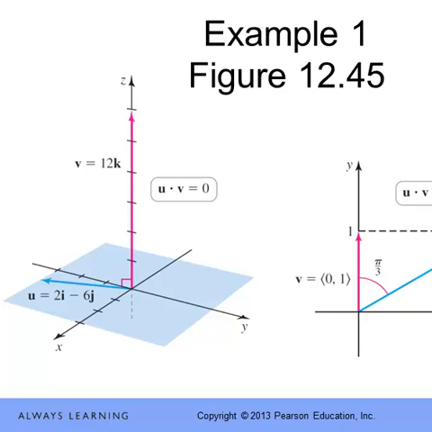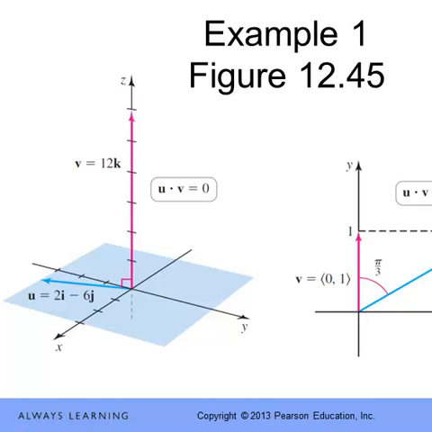This is example number 1 at the bottom of page 802. So we've got a vector u, which is 2i hat minus 6j hat, and we've got a vector v, which is 12k hat. What is the dot product of u and v in this example here? It's going to be 0 by inspection.